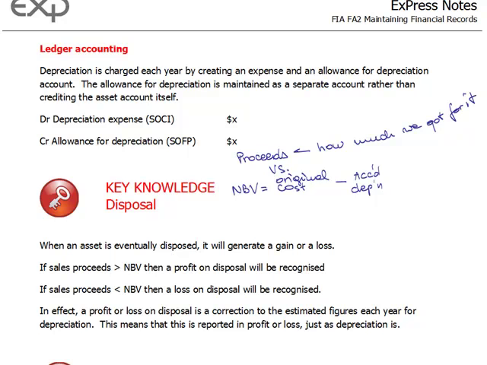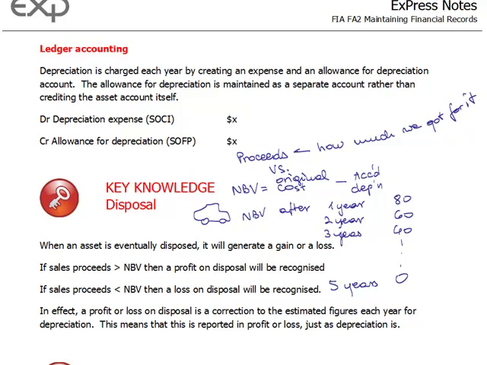So in the case of our car from the previous example, the net book value after 1 year will be 80, 2 years, 60, 3 years, 40, and so on, until in year 5 it will reach nil.